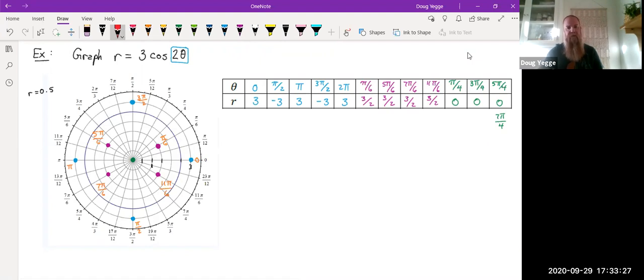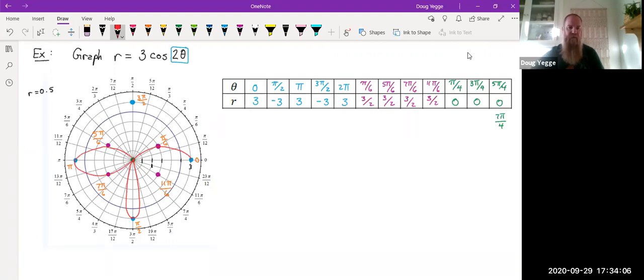I have to connect the dot from 0 to the angle of pi over 6, to the angle of pi over 4, to the angle of pi over 2, to the angle at 3 pi over 4, which will hit the pole again, so it's got to go back through the pole. Now to the angle of 5 pi over 6, now to the angle of pi, to the angle of 7 pi over 6, back to the angle of 5 pi over 4, which is at the pole again.